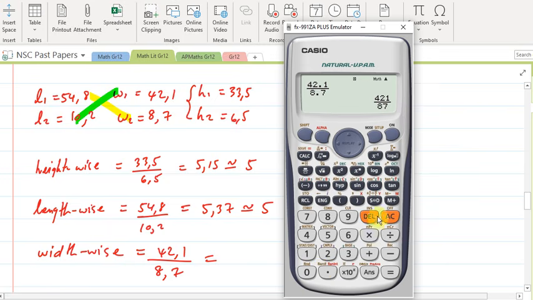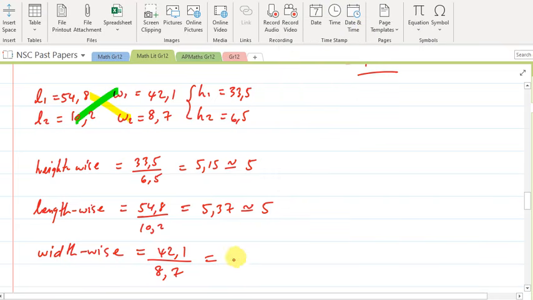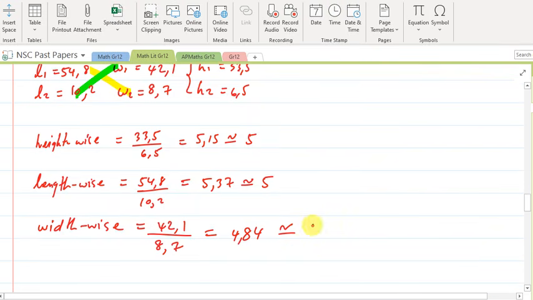Therefore, see what answer I get with this option. Number of boxes, I'm just getting 5 times 5 times 4. 5 times 5 is 25, times 4 is 100 boxes, right?